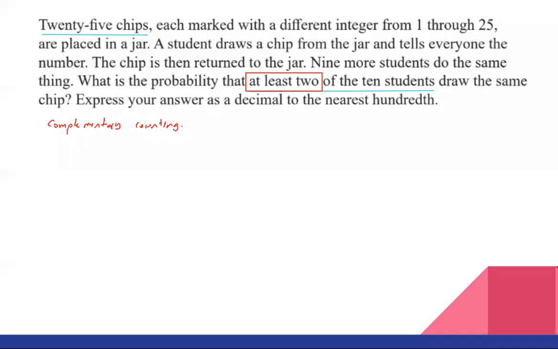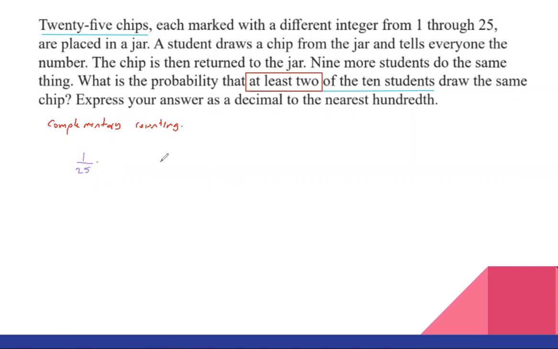So for the first one, it doesn't really matter. If you choose one of those 25, regardless of what you choose, there's no concern. That will be 25 out of 25 probability.